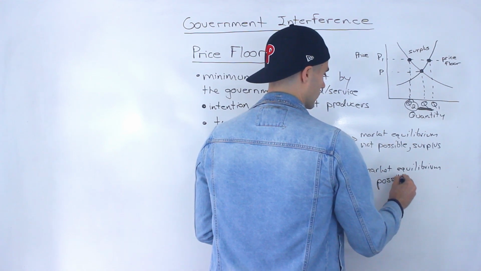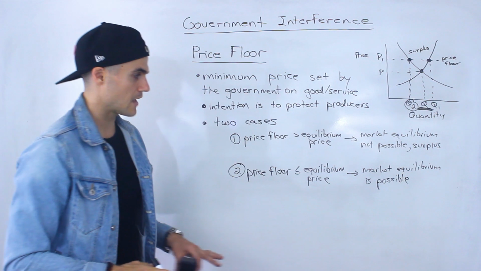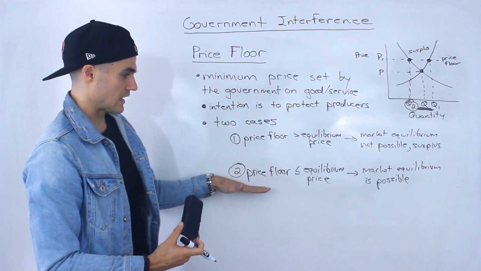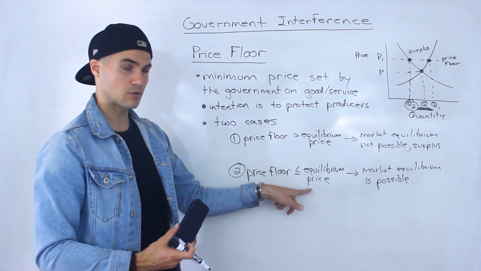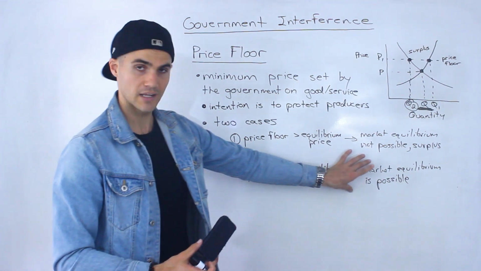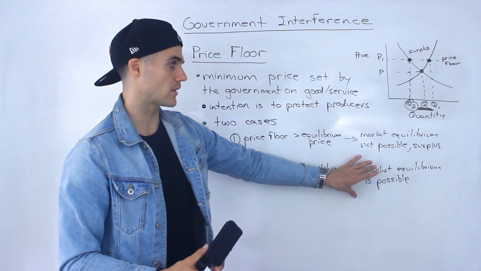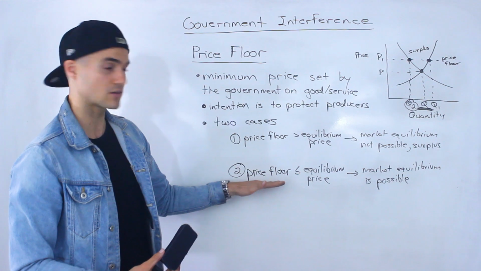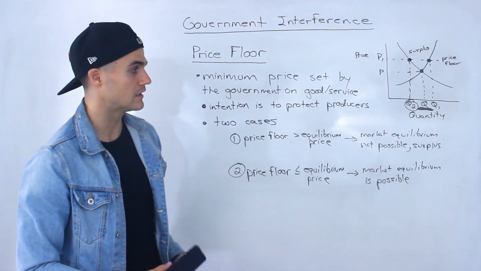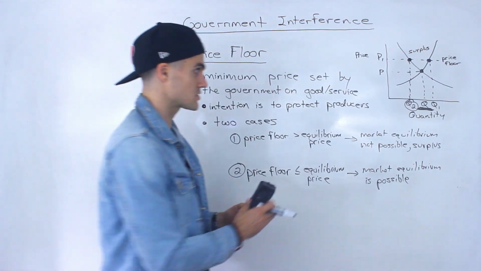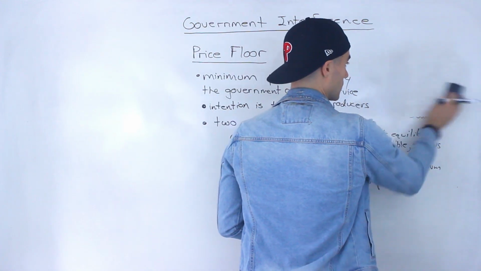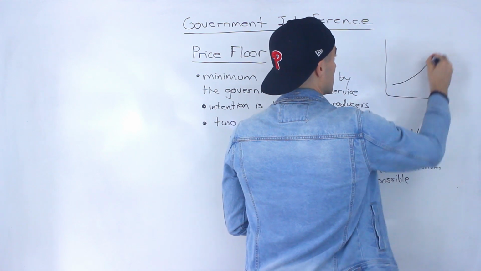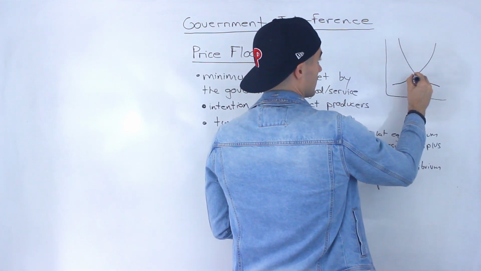So you've got to be careful on a midterm or exam if they give you specific values. If the price floor is less than or equal to the equilibrium price, then market equilibrium is possible. There might be an answer saying there's a surplus, but just because you see the word price floor doesn't necessarily mean there is going to be a surplus. More specifically on this diagram, let me erase this, there's a lot going on here. We've got the supply, we've got the demand. Here's the market equilibrium.